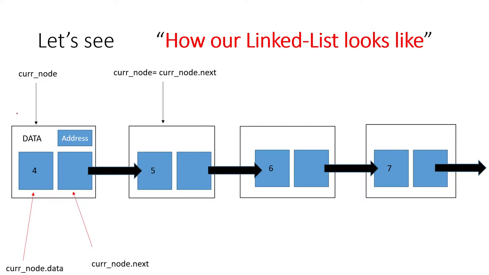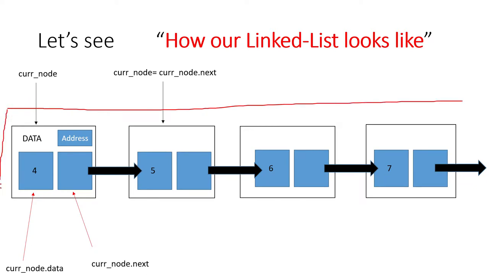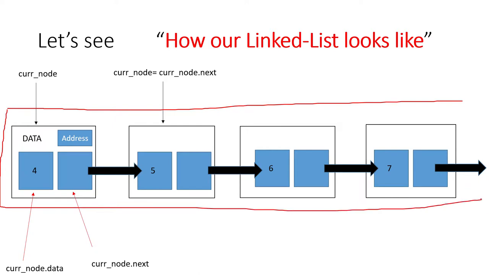Consider this as a whole linked list, and we have a head and we have four blocks, which are connected nodes. What we'll do is use a variable current node, okay, and we will make it point to head.